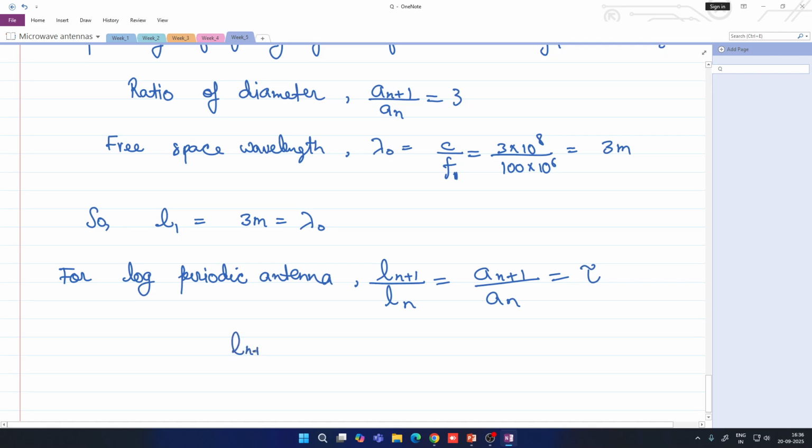So Ln plus 1 divided by Ln has to be 3, and we know that L2 by L1 is also 3. In terms of lambda, because in the options the lengths are given as a multiple of lambda naught, we know L1 is 3 meter, which is also equal to lambda naught, so L2 comes out to be 3 times lambda naught.